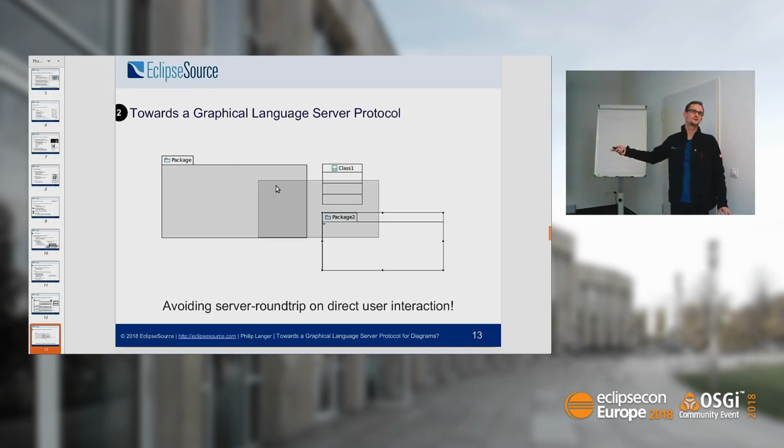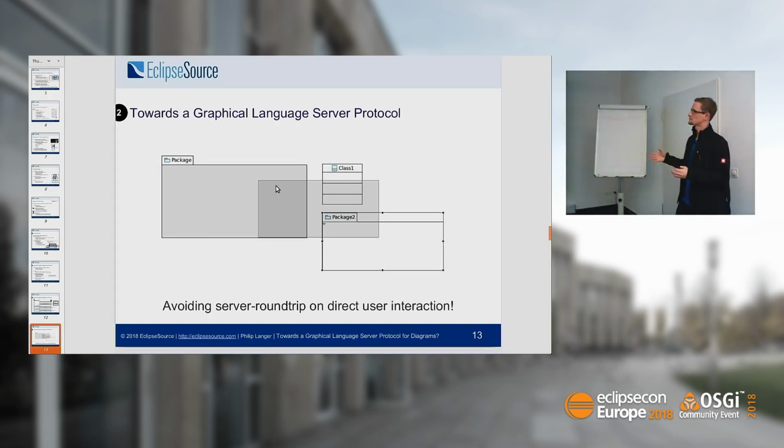What we really want to avoid is that the client has to be specialized for knowing that. So the server needs to define which moves are possible. But at the same time, we want to avoid that whenever the user starts dragging across the diagram, we send messages from the client to the server over and over again, which produces a lot of traffic.